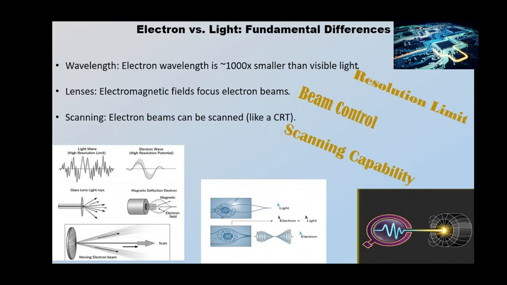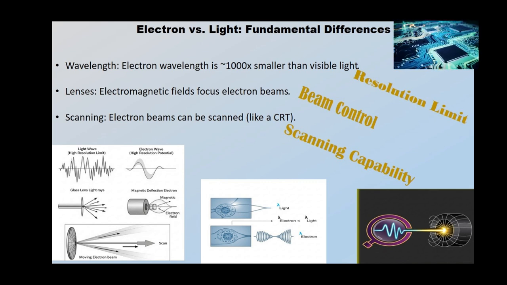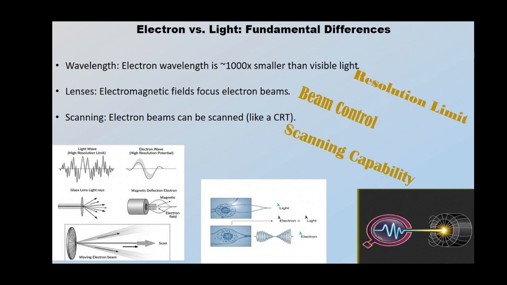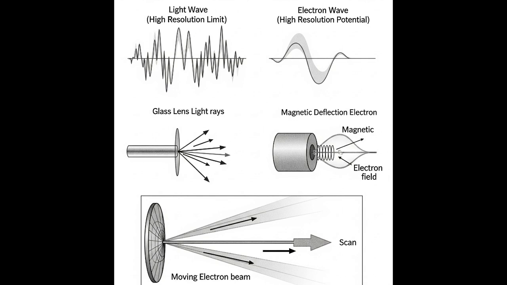When we compare electron microscopes to traditional light microscopes, the very first and perhaps most crucial difference comes down to the illumination we are using, light versus electrons. Think about the waves.